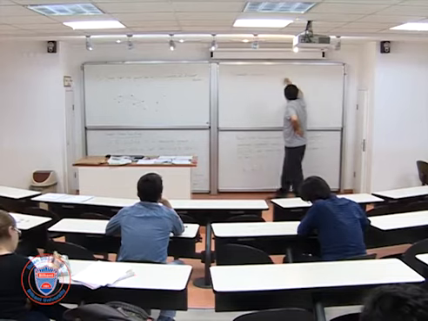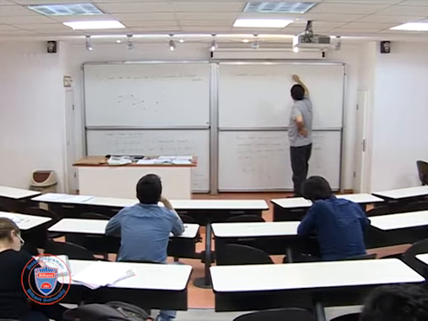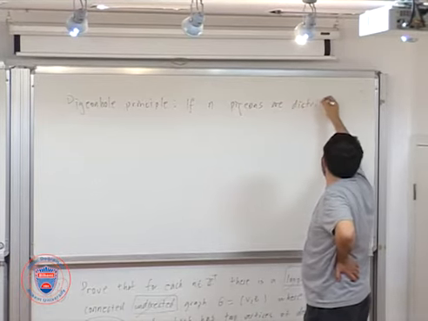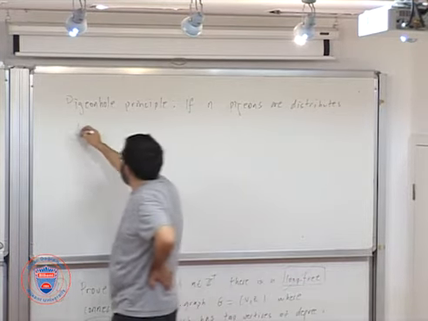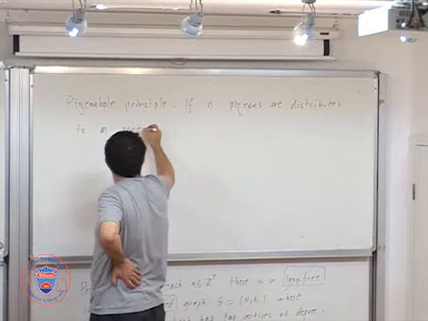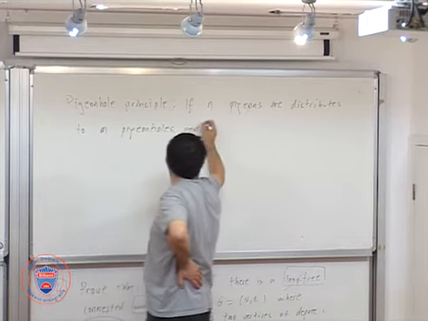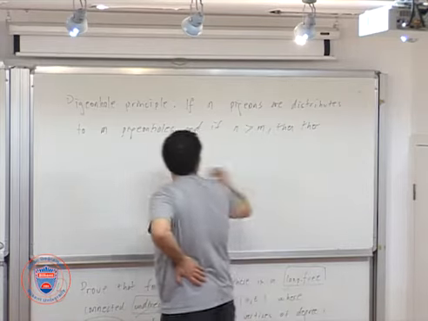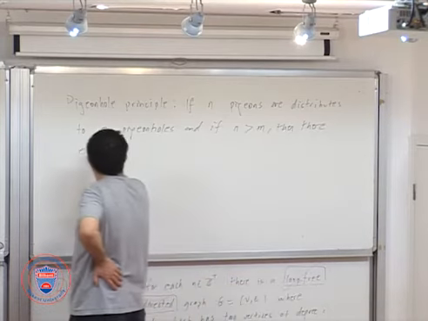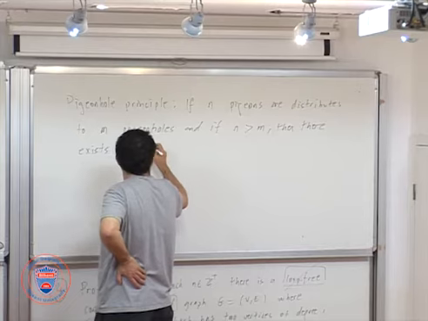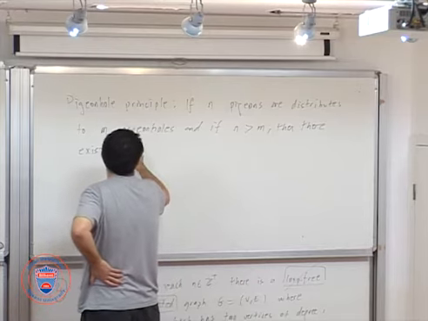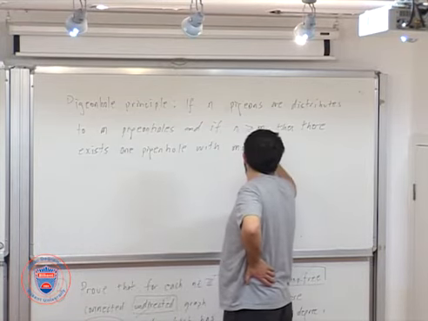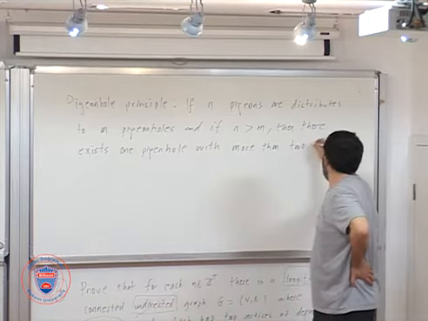If n pigeons are distributed to m pigeonholes, and if n is bigger than m, then there exists a pigeonhole with more than one pigeon.